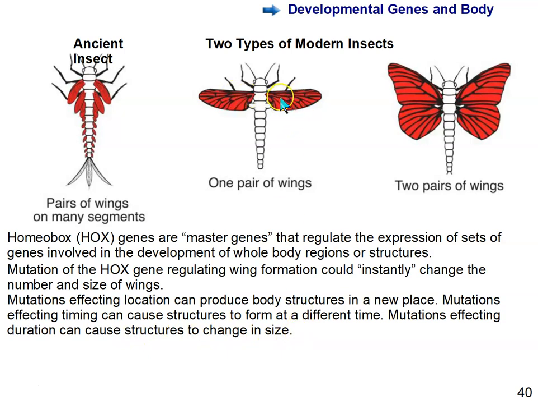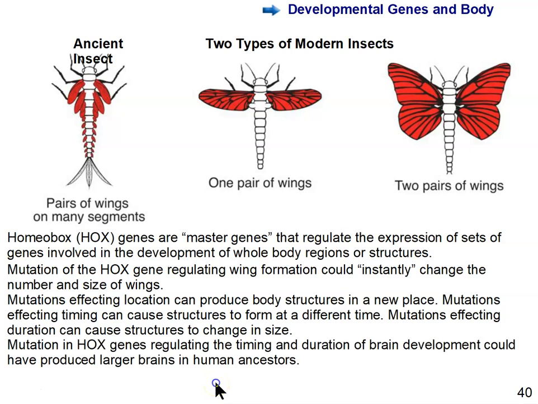In other words, the wings grow for a longer period of time, therefore they grow larger, as opposed to wings that grow for a shorter period of time and don't grow as large. So that's the power of the Hox genes to control the development of whole body regions and whole body structures.